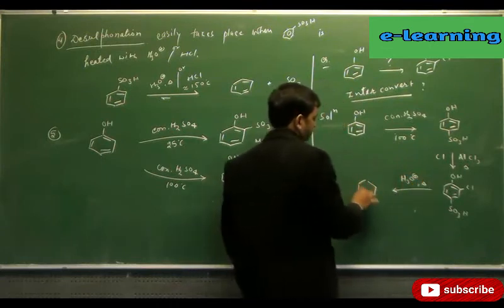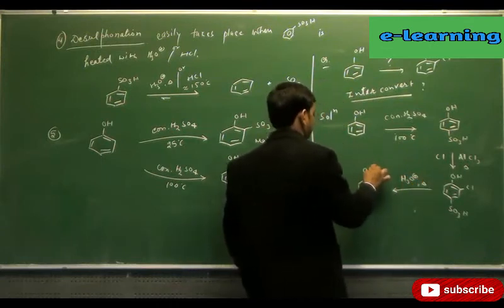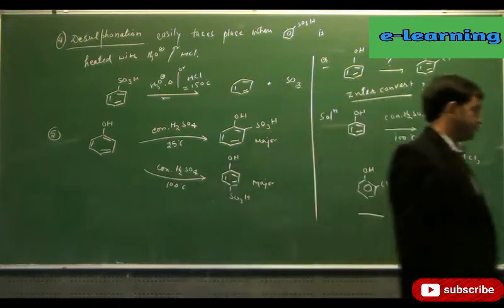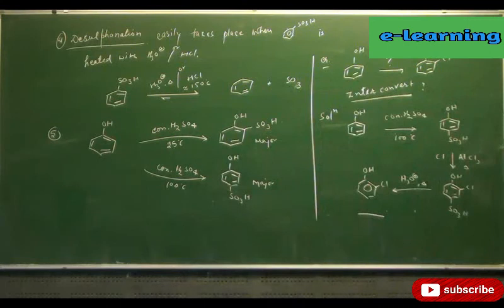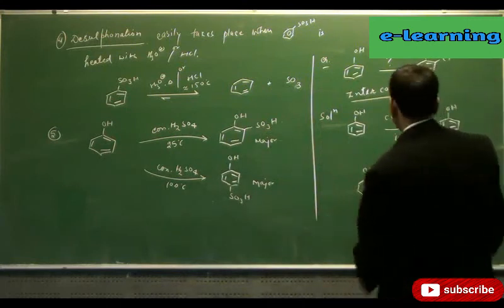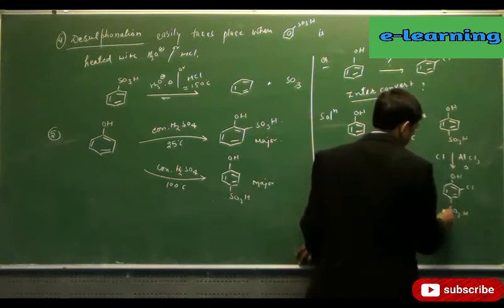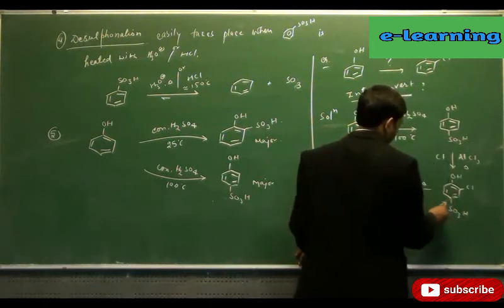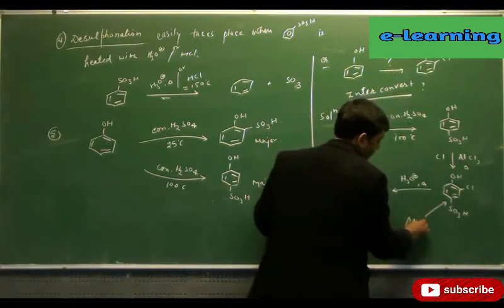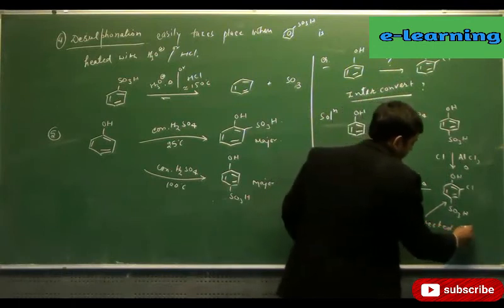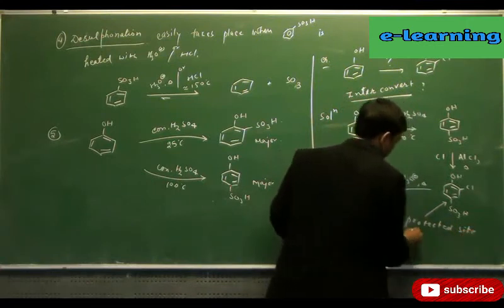Then desulfonation takes place and gives orthochlorophenol. So this is useful to protect the site, the protected site, that is the para site, or block the site by SO3H.